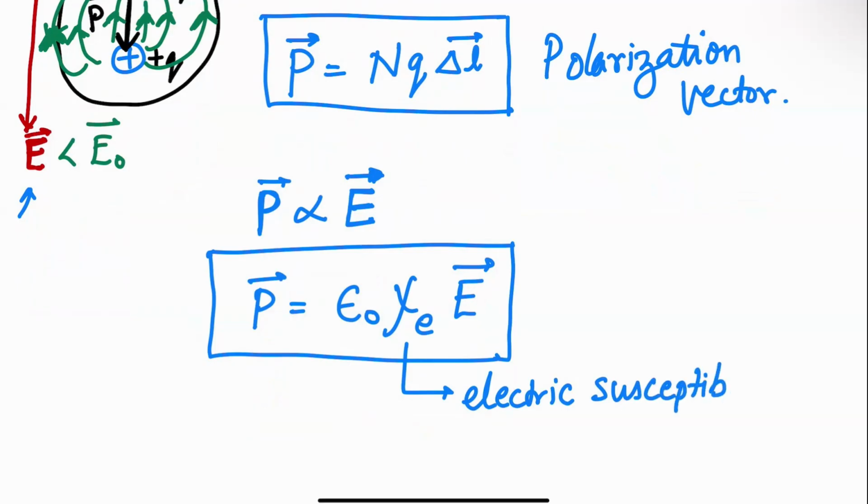So it's a nice name because it describes how susceptible the molecule or the material is to getting polarized. Right? If the susceptibility is high, then for an applied electric field E you have a much higher dipole moment per unit volume, P. So this is actually nothing but the electric dipole moment per unit volume.